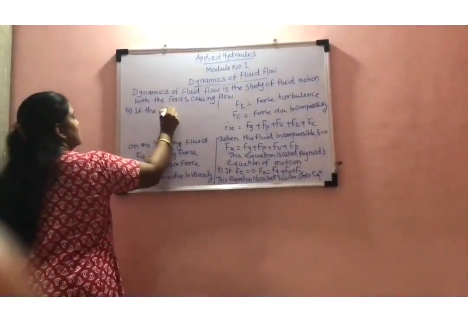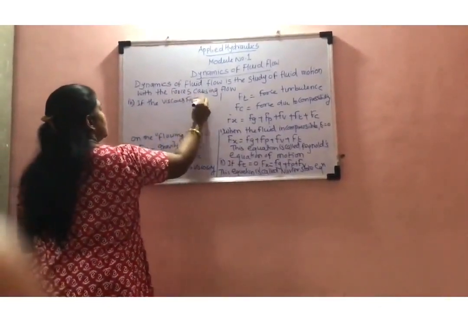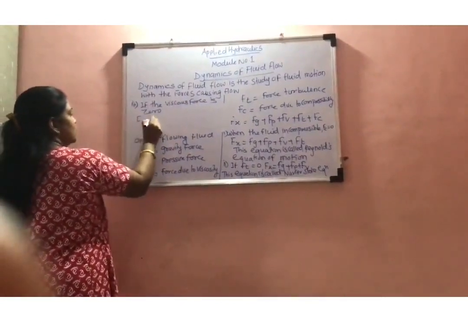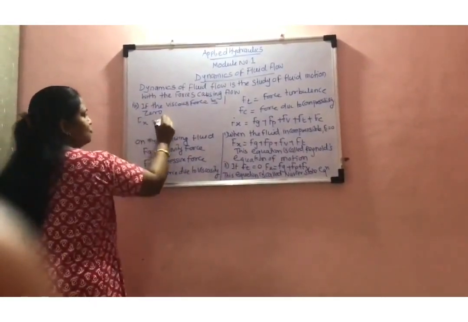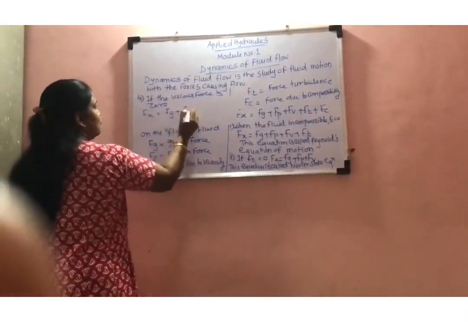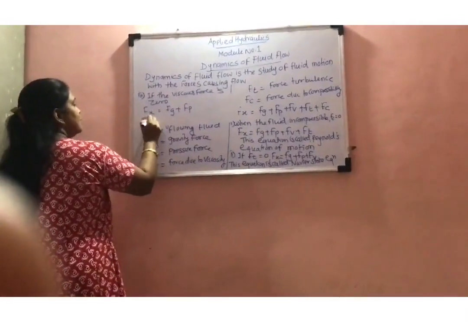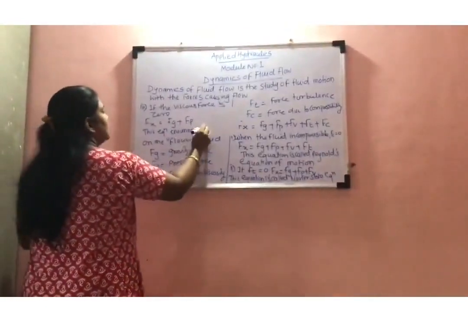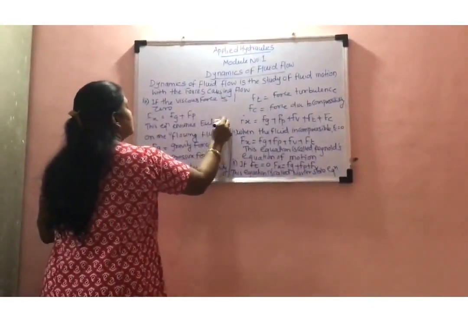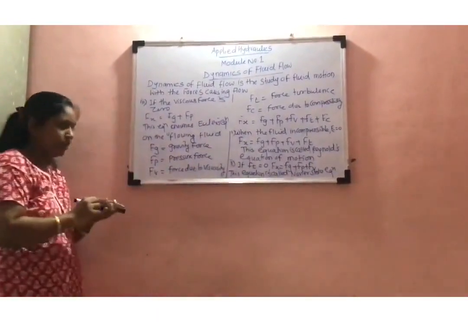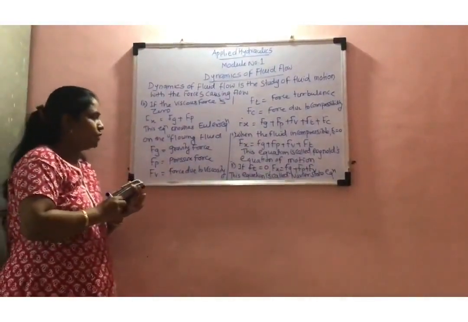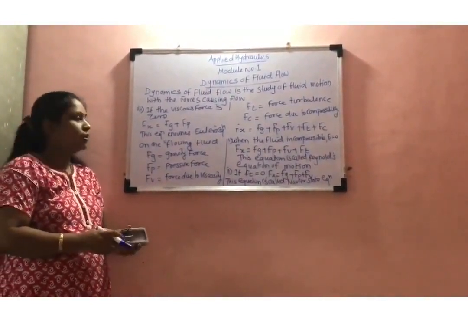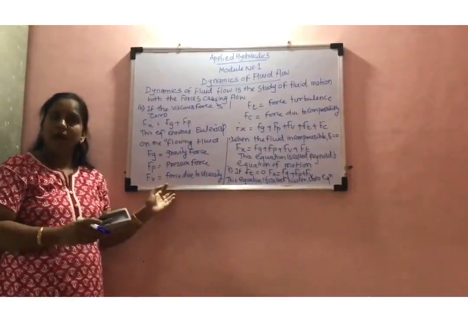If the viscous force is 0, then the equation becomes Fx is equal to Fg plus Fp, and this equation is known as Euler's equation of motion. As all of you know, Euler's equation of motion is very useful for the real fluid as well as the ideal fluid.